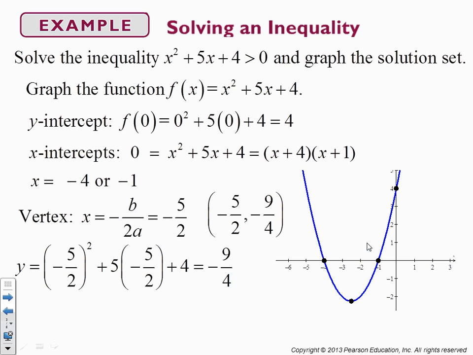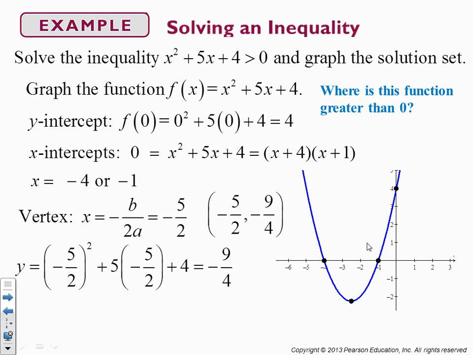So when you graph that, you put all those points on your graph and you get the shape of your inequality. So now, we want everything that is greater than, where is the function greater than 0?